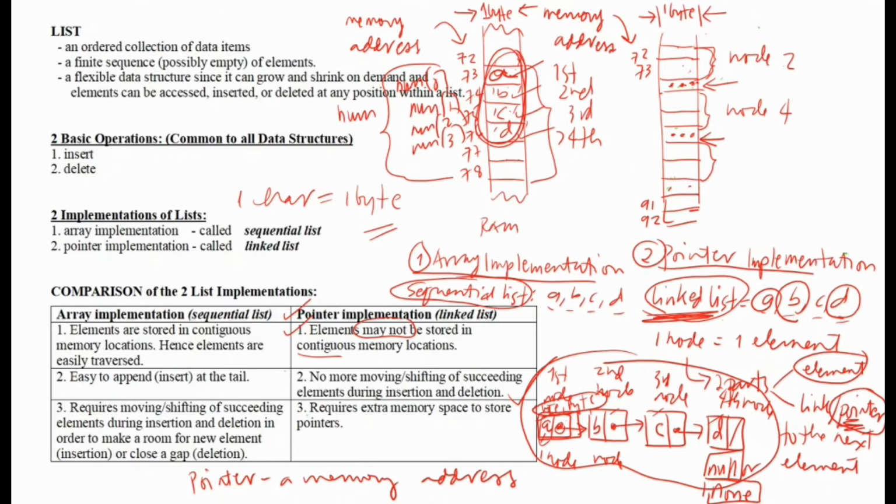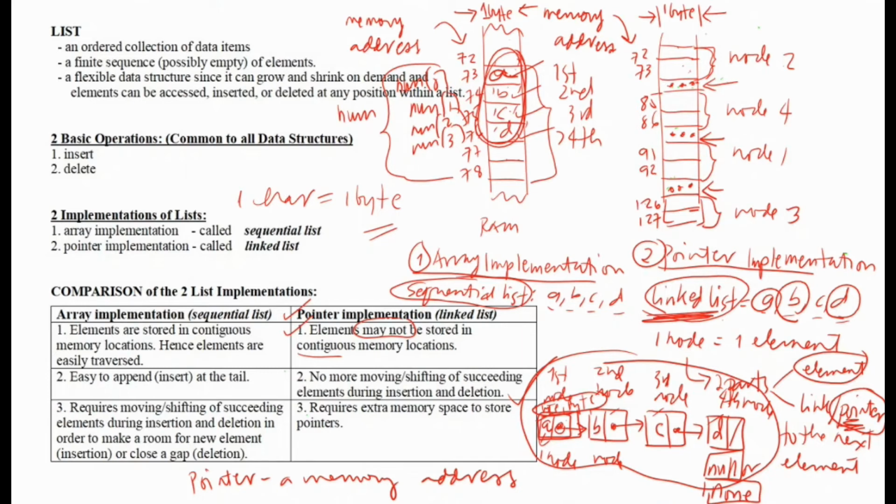Say this is memory address 85, so this is 86, and say this is 91, 92, and these are 126, and this is 127. So say this is your node 1, and these 2 here are for node 3. So the ellipsis, these 3 dots here, represents many more memory locations in between. And in here, also, there could be several memory locations.